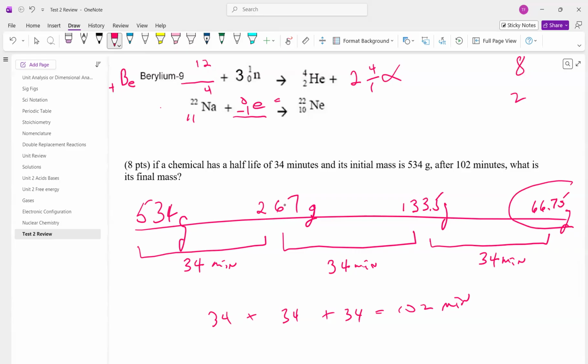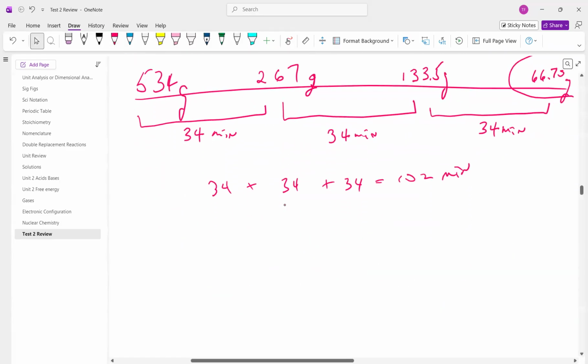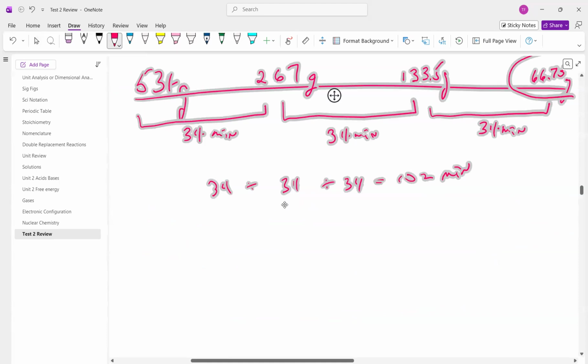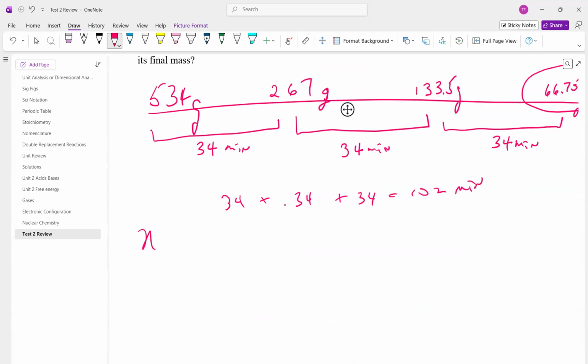And the other way to do it. So we've got the initial mass. Final mass, which we don't know what that is. The initial mass is 534.